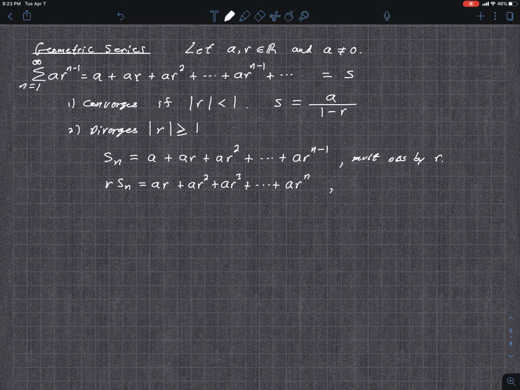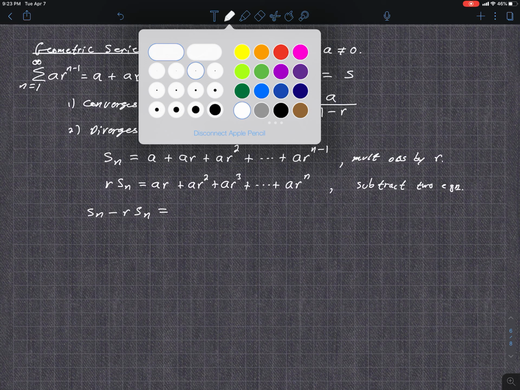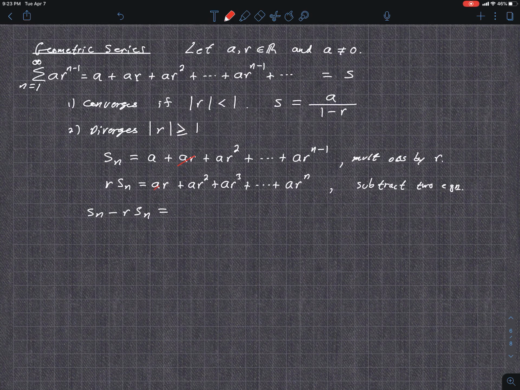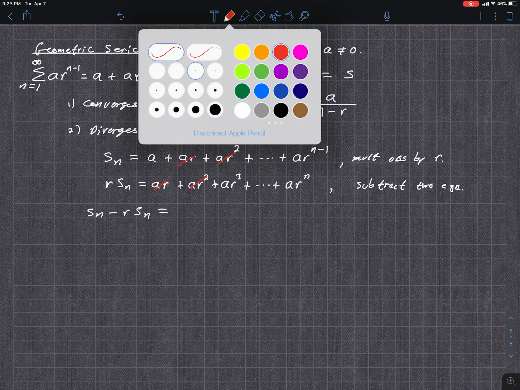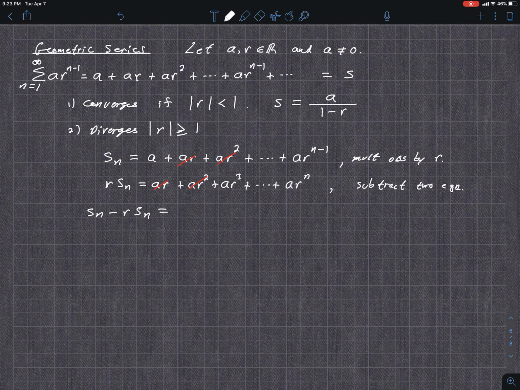So now subtract the two equations, just like when you're solving two equations, you have to eliminate. Subtract the two equations, and you'll get S sub n minus r S sub n equal to, and then we can see that these terms are annihilated basically, all the way down to the last term.